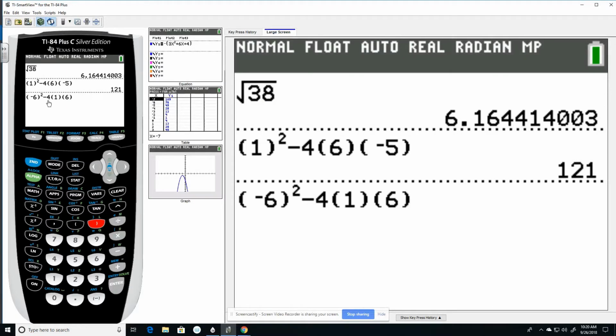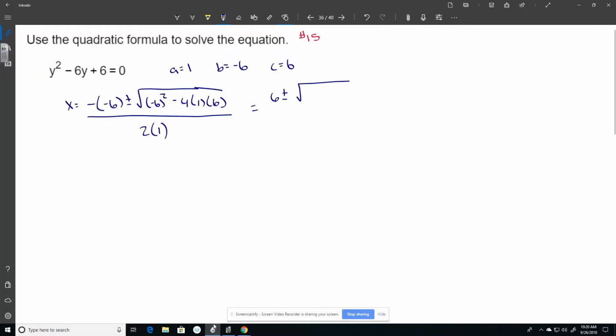Plug that in your calculator just like it looks and hit enter, and you get 12. So when I go back to my answer right here, I get a 12, and that's because this becomes 36 and this becomes 24. So I get 12 divided by 2 times 1, which is 2.